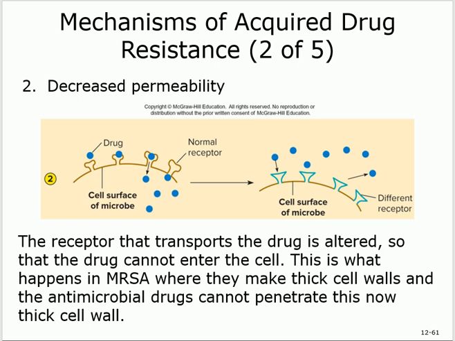For some reason, some of these Staphylococcus changed the receptors somehow. So the receptor now, instead of looking like this, let's say it looks like this. Okay? So look, here is the penicillin coming. Does it fit here? It does. It does fit, and then it gets in.